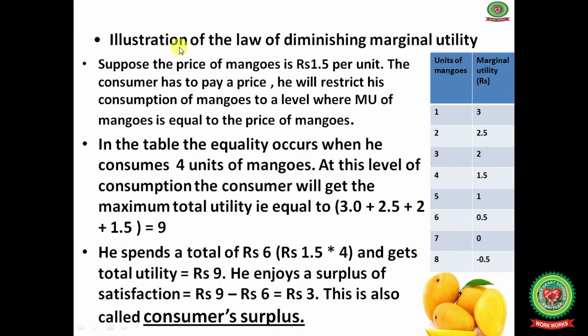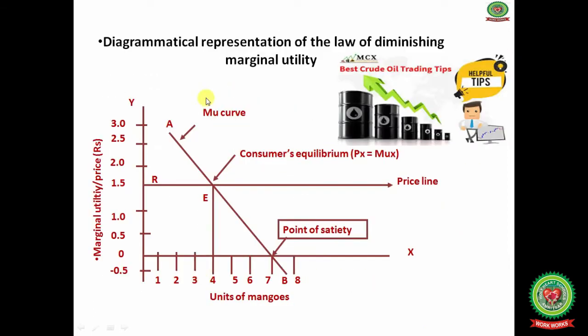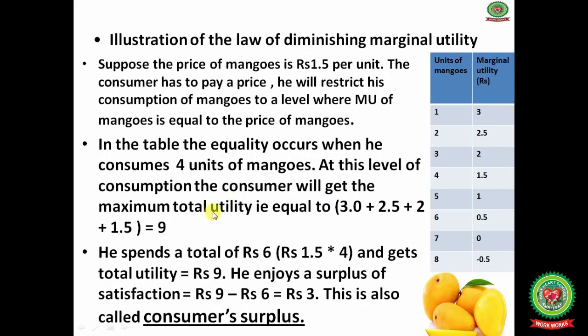So the marginal utility curve cuts the price line at point E, which is the equilibrium point for the consumer when the consumer has to pay the price for the commodity. This is the point of equilibrium for the consumer when he has to pay the price for the commodity he consumes.